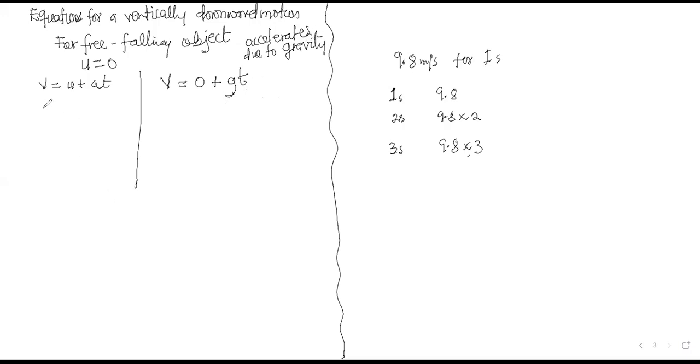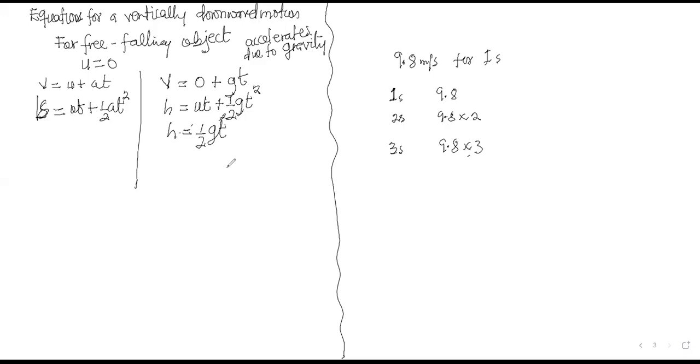Then the second equation would also be s, which is equal to ut plus half at squared. And this will be h equals ut plus half gt squared. And because u is 0, we'll have half gt squared.